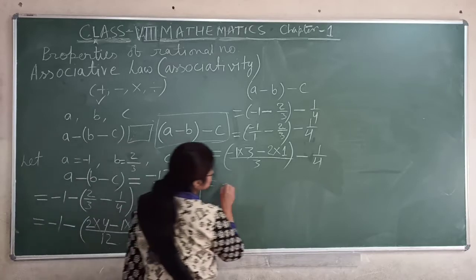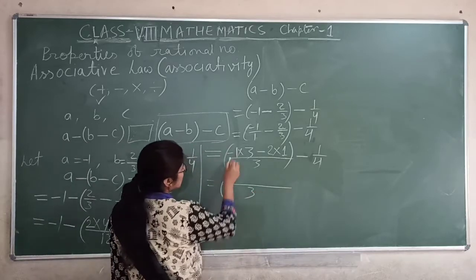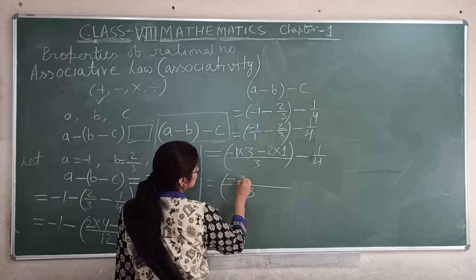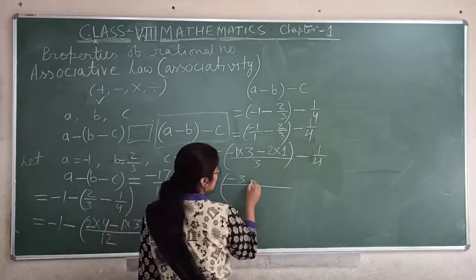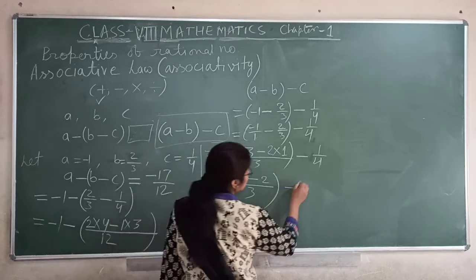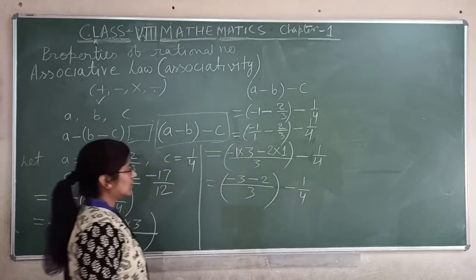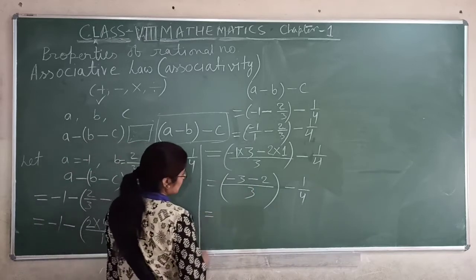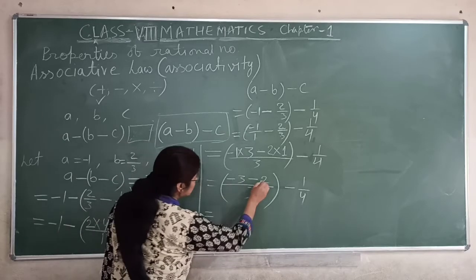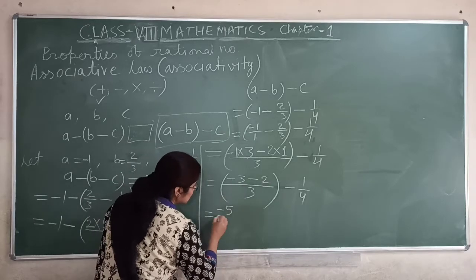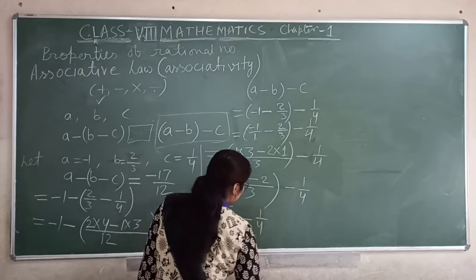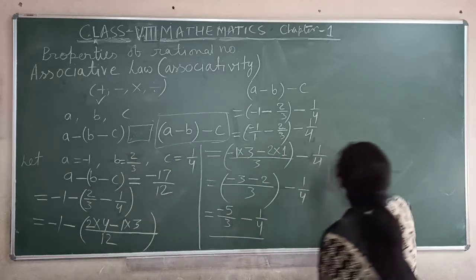Now minus 3 and minus 2, same sign, added, so 3 and 2 make 5, sign of minus, upon 3. And here you have minus 1 upon 4. Now we have to calculate this one.